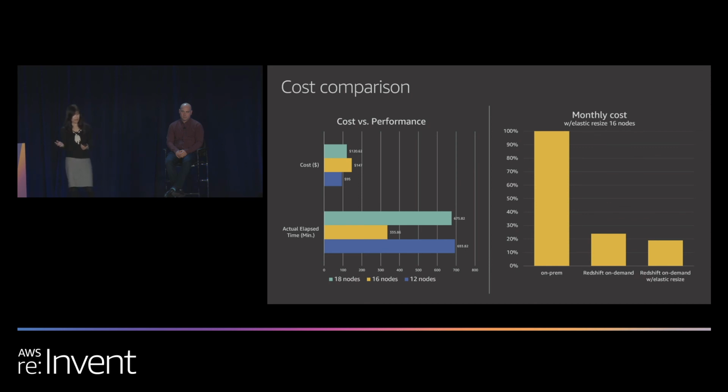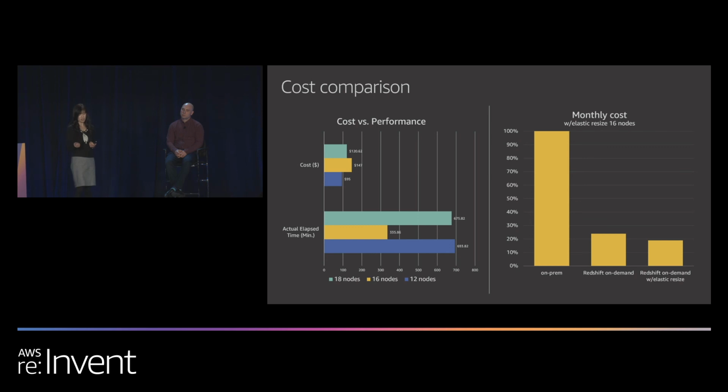Now, on the right-hand side, we have the monthly cost. What I'm trying to show here is the elastic resize configuration, and I use our on-premise cost as the baseline, so it shows 100%. Redshift gives us about 23% of the cost compared to our on-premise.